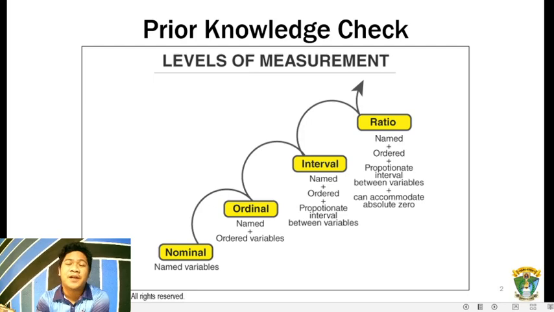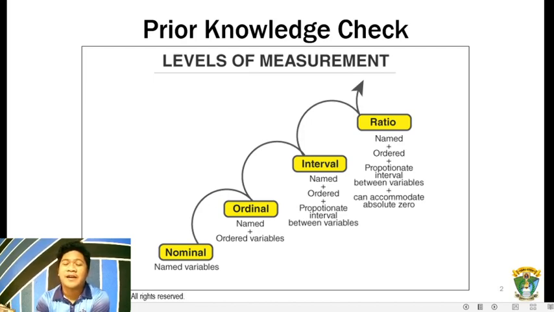So for example is educational attainment. Okay, highest educational attainment. If we identify the different highest educational attainment of, for example, the teachers in a particular school, we can order or we can arrange their educational attainment, okay, according to a certain order. So from labels, an additional characteristic of ordinal data is rank or order.